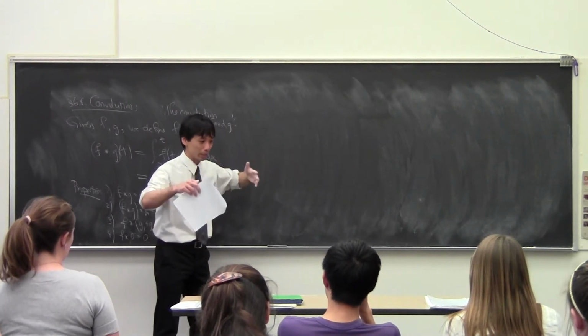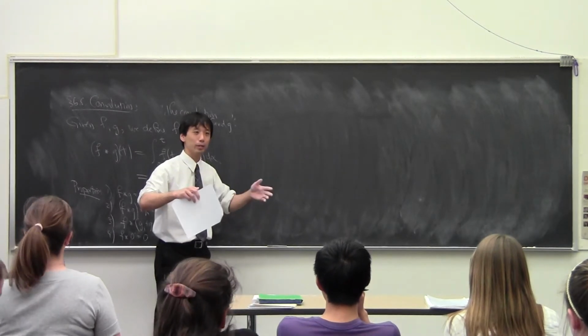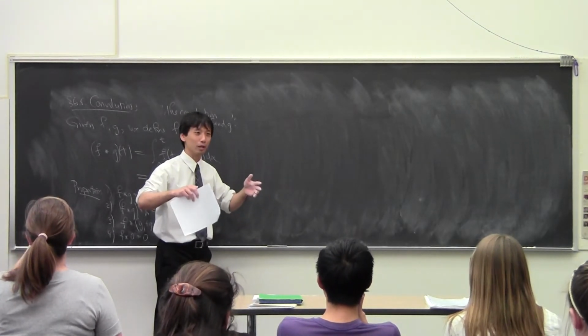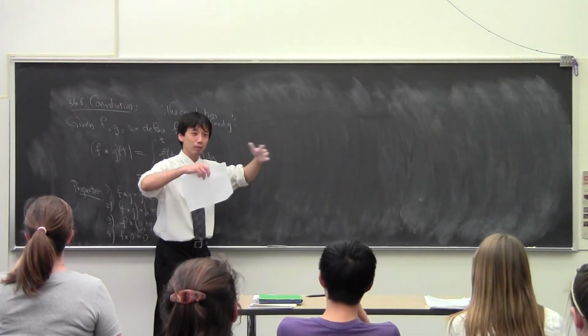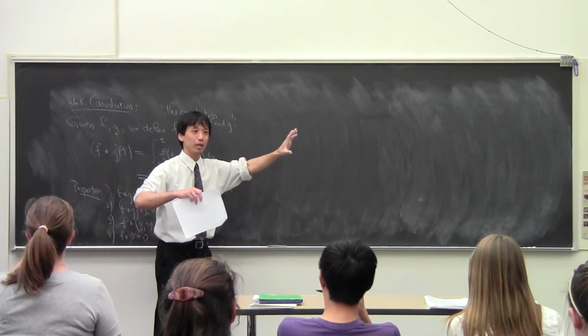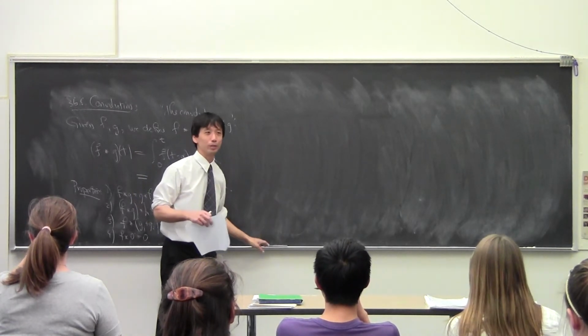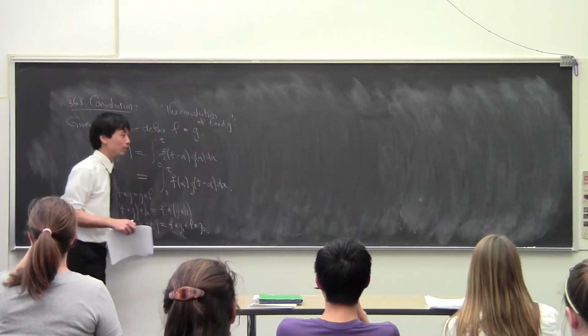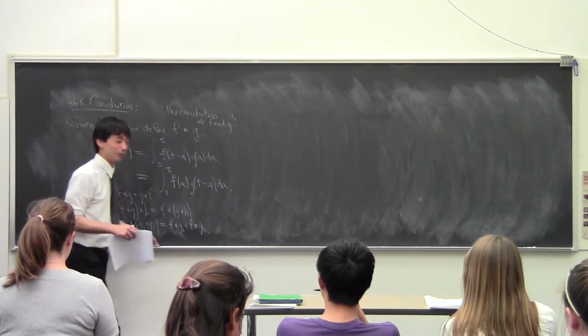You send your sonar out and get all this data back. The data you get is actually a convolution of the reality with the signal that you sent out. So you want to be able to deconvolve and get an accurate picture of what is out there. That's one very serious application of convolution.